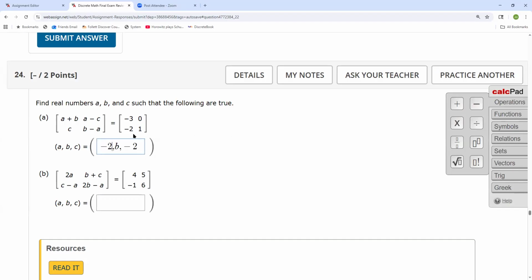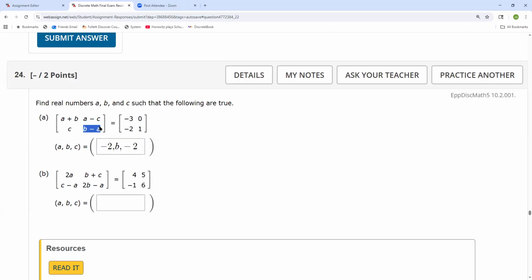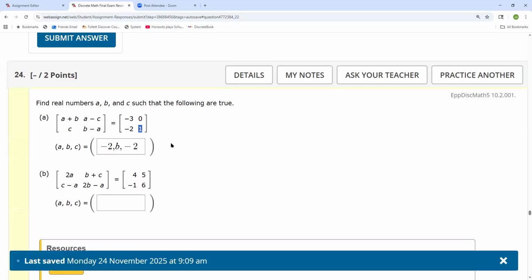Now look at the third last equation. B minus A equals 1. B minus A equals 1. So that means that B minus -2 equals 1. That means that B plus 2 equals 1. So if B plus 2 equals 1, then what does B equal?